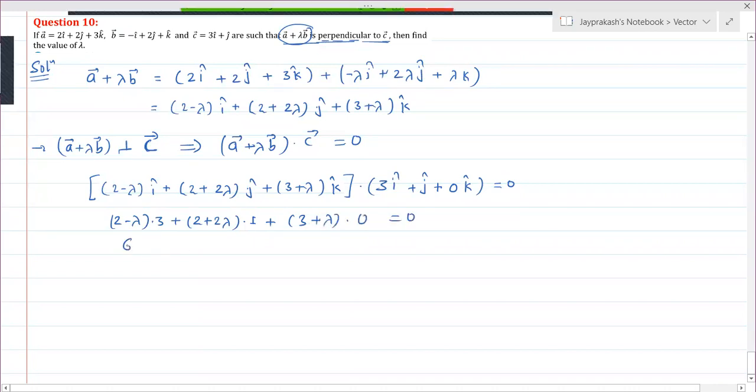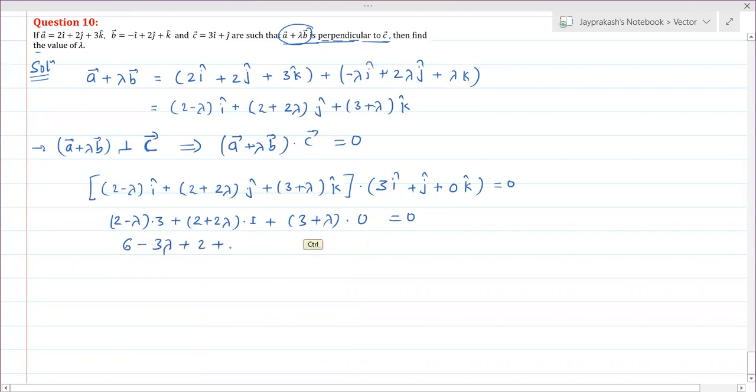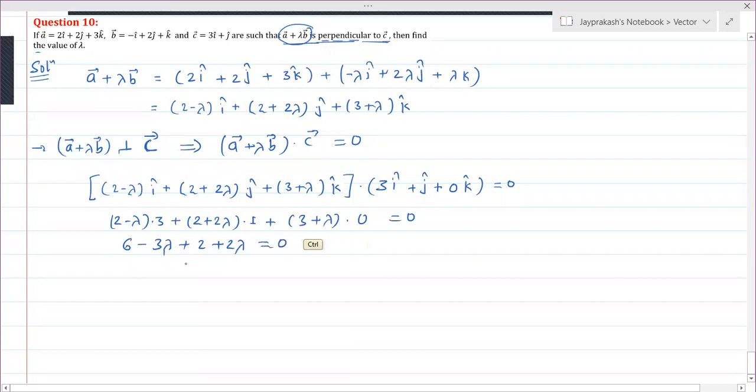So finally we have 6 minus 3 lambda plus 2 lambda equals 0. So 6 plus 2 will be 8, minus 3 plus 2 will be minus lambda. So finally we have lambda equals 8.